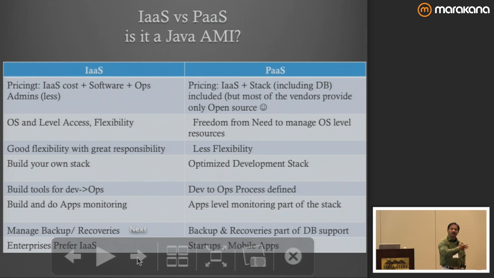But all this flexibility also brings responsibility, and it's a headache for all of you, right? You will have to understand all these details. Typically, app developers should be focusing on developing the apps, not tuning and monitoring or thinking about those aspects. So that is the flexibility and the responsibility.